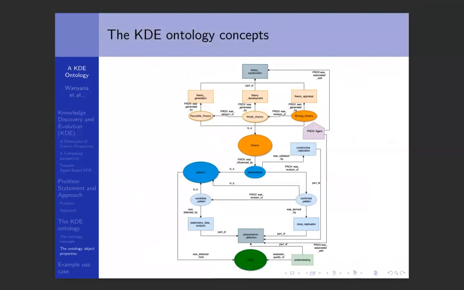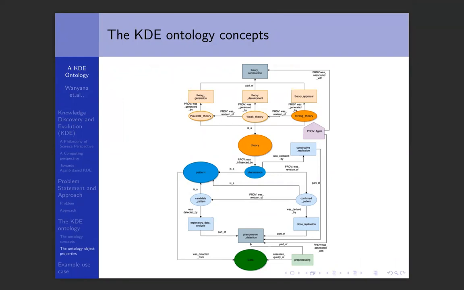So in this slide, we show the object properties. The entities are the oval shapes and the rectangles represent the activities. This illustration shows how the entities relate and what activities lead to specific entities. So what activity would lead to a plausible theory, or what activity would lead to a candidate pattern, and so on and so forth.